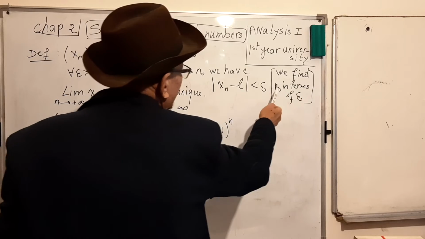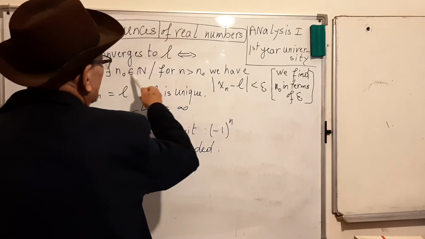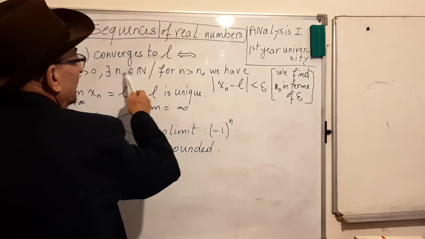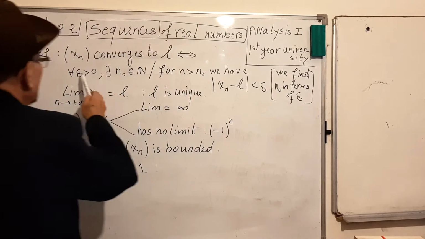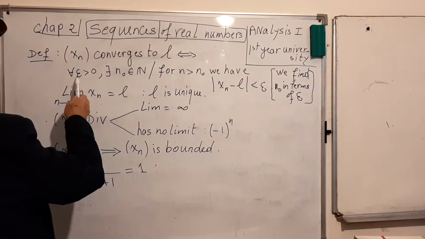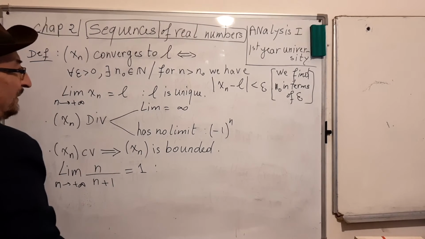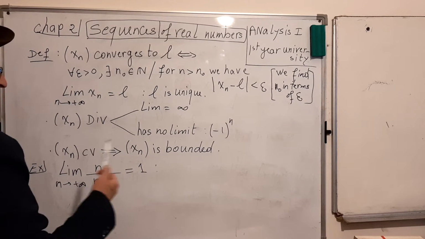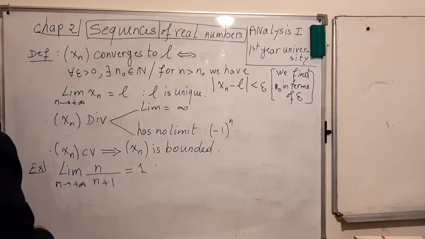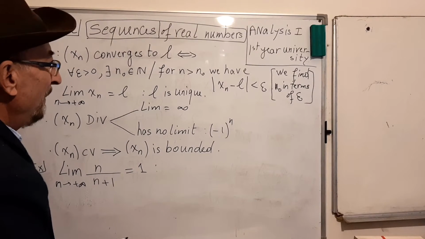Practically we must find n0 in terms of epsilon. To every epsilon we find n0. n0 depends on epsilon.